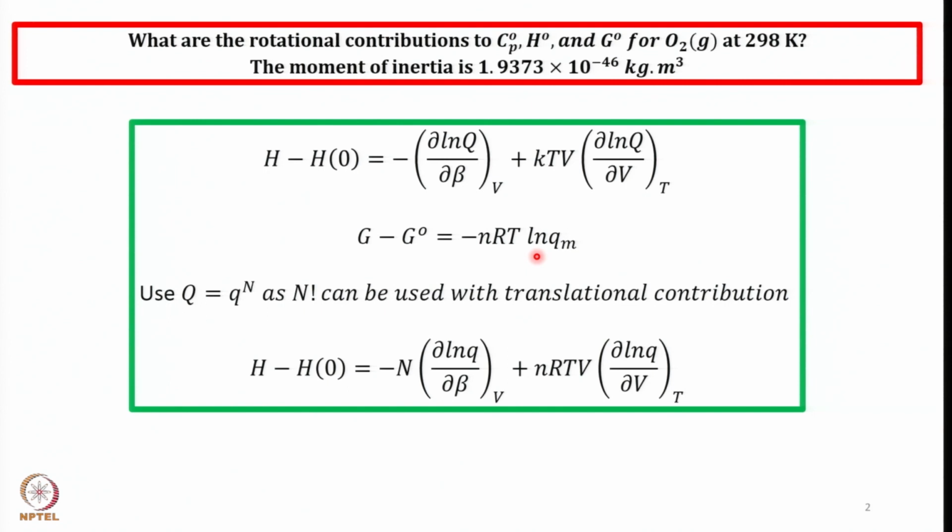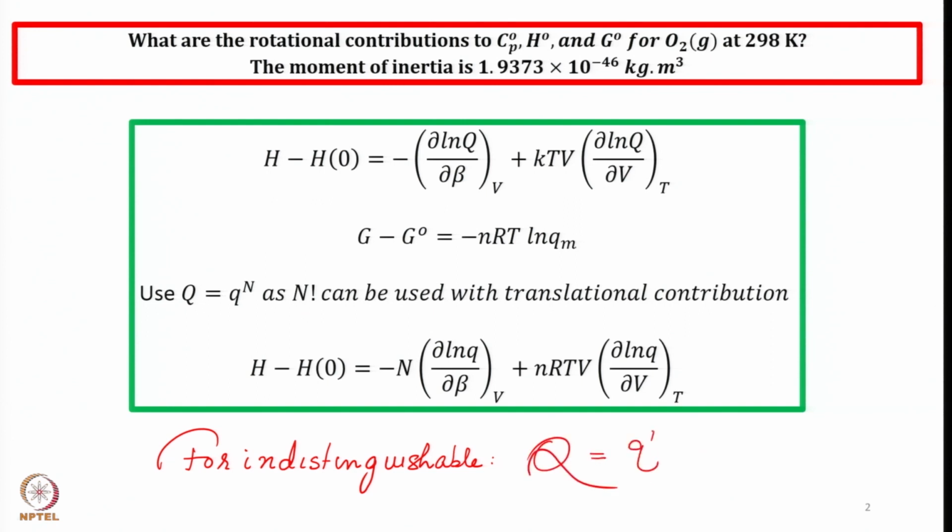The given system is oxygen gas. Oxygen gas consists of molecules which are indistinguishable. Therefore, for indistinguishable molecules, the canonical partition function is equal to q raised to the power N, divided by N factorial.